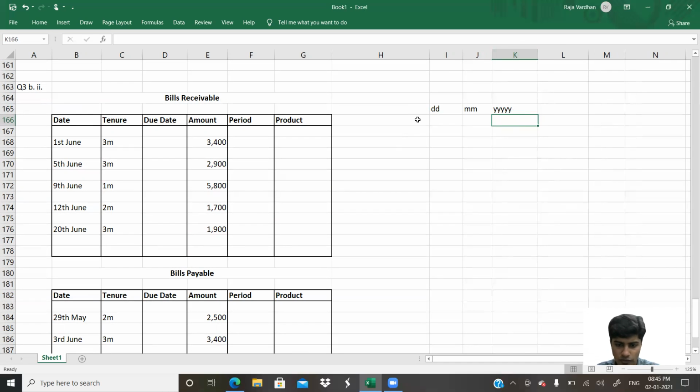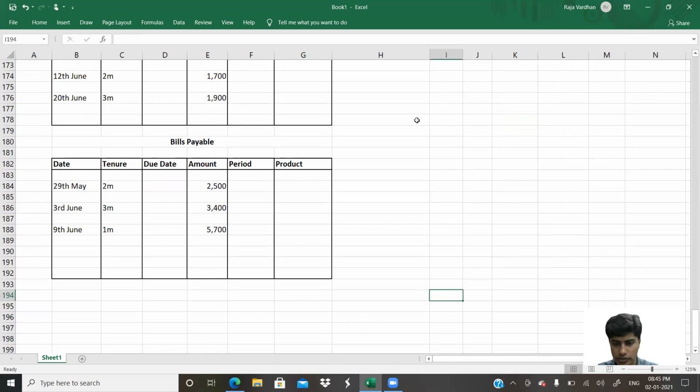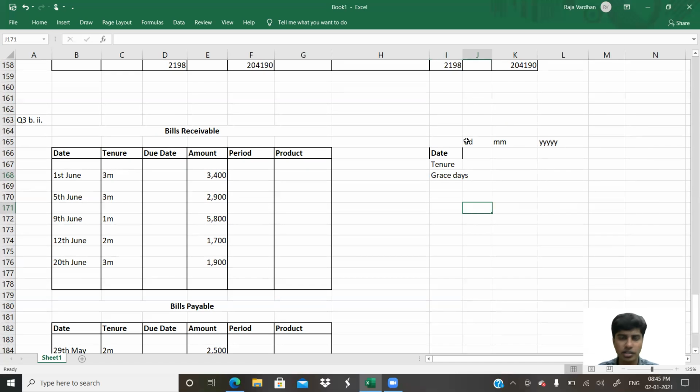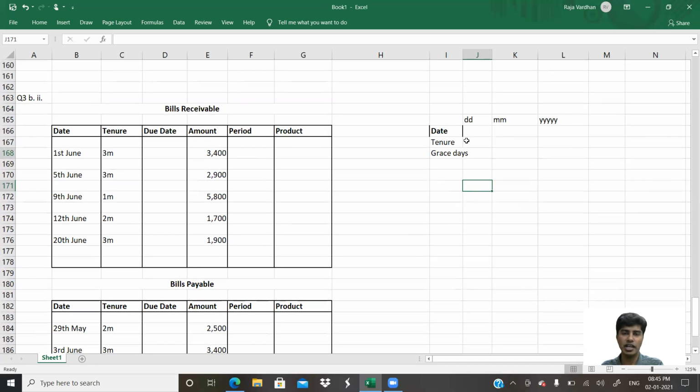The first thing is the transaction date. To that you add tenure. To that you add grace days. You will get it. It is as simple as that. Isn't that how you find it? Due date is date of transaction or date of the bill plus tenure plus grace days.